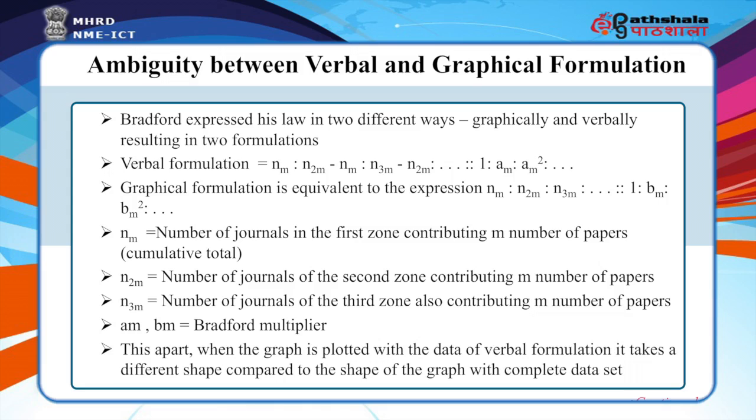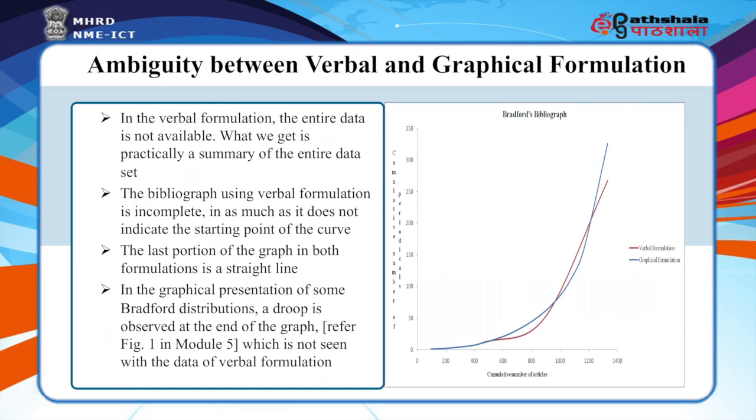This apart, when the graph is plotted with the data of verbal formulation, it takes a different shape compared to the shape of the graph with complete data set. In table 2, you can see the distribution of articles according to zones. In the first zone, there are 10 periodicals and the cumulative number of articles is 445.